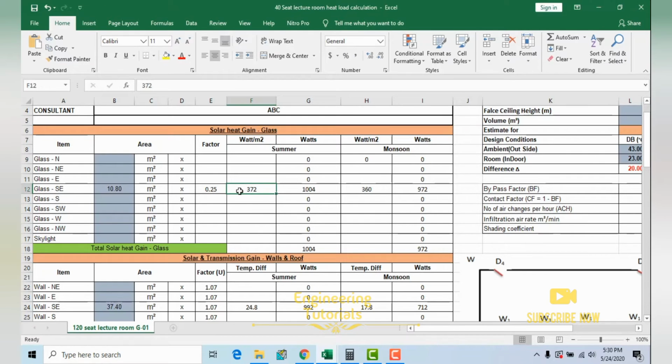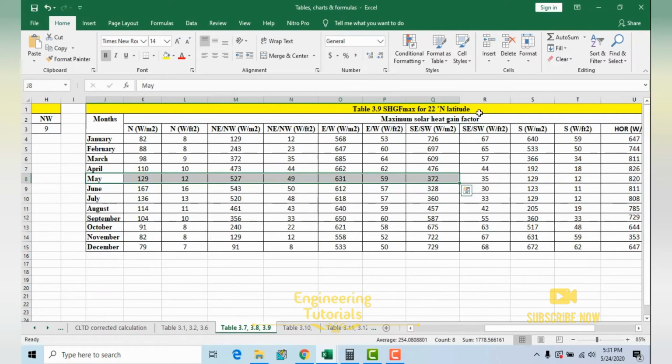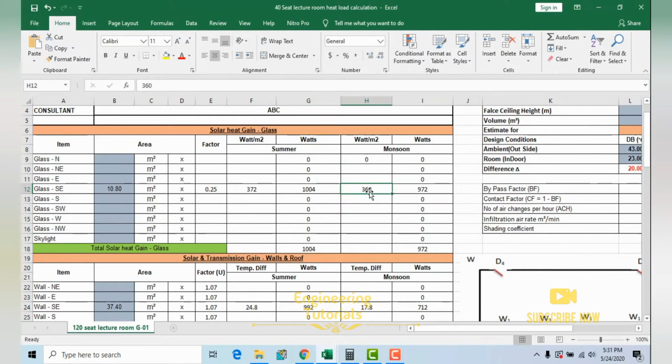This is how we get 372. And for southeast, for monsoon the design month is July, so this is 360 solar heat gain factor for July for southeast wall, that is 360 watt per square meter.